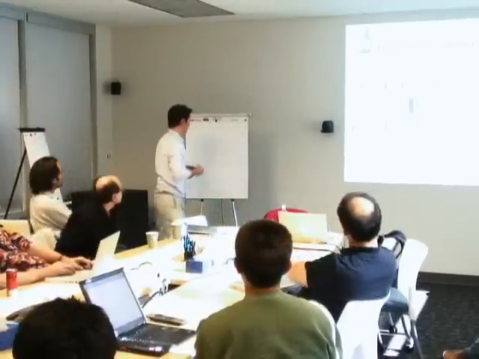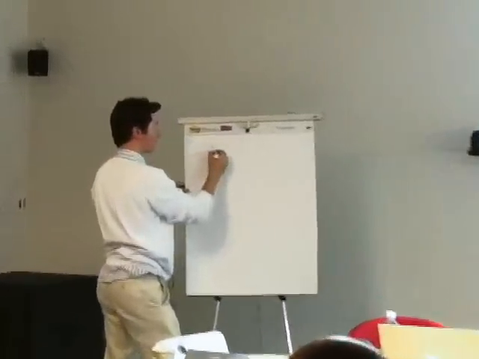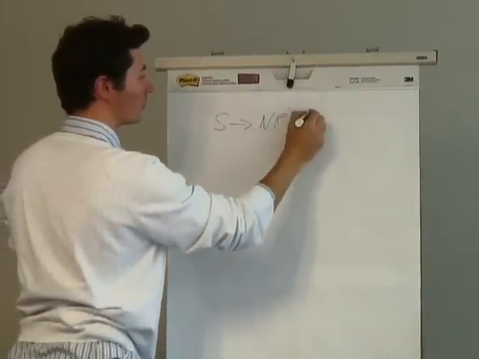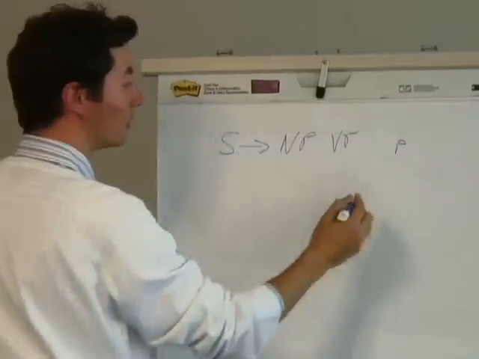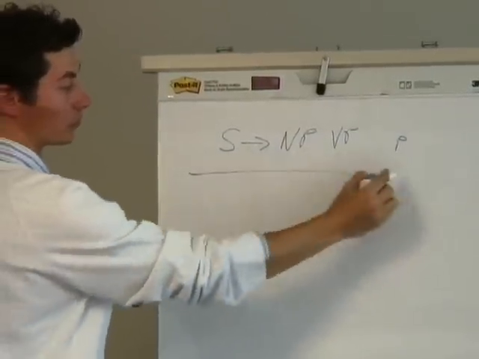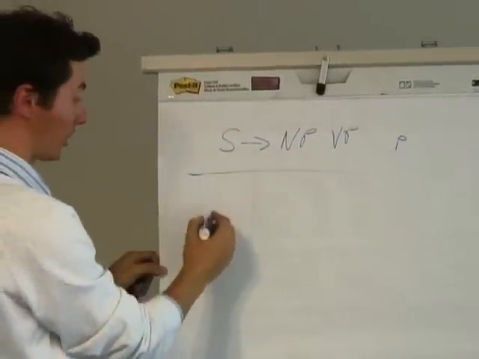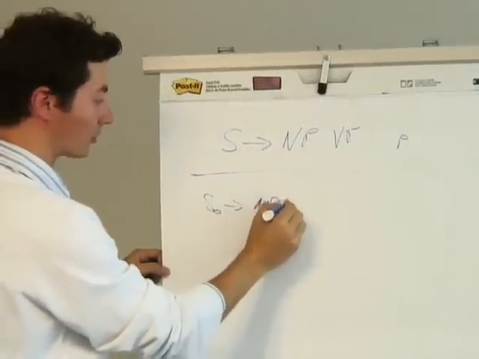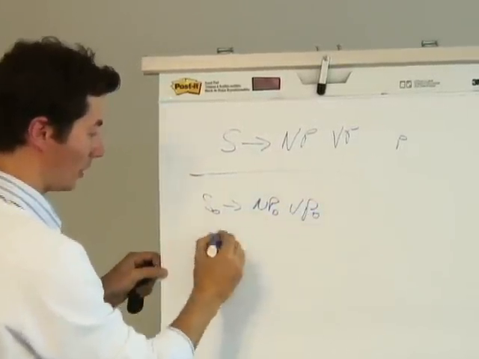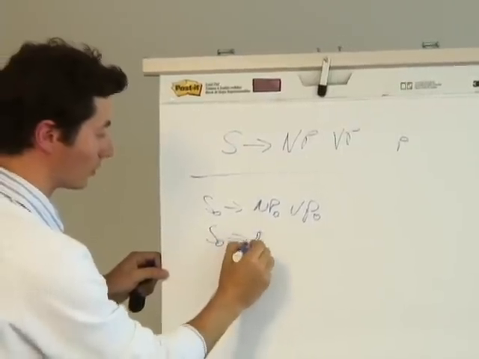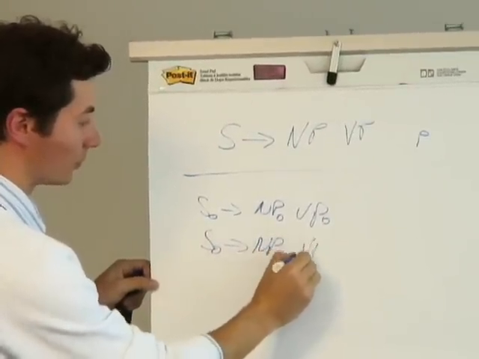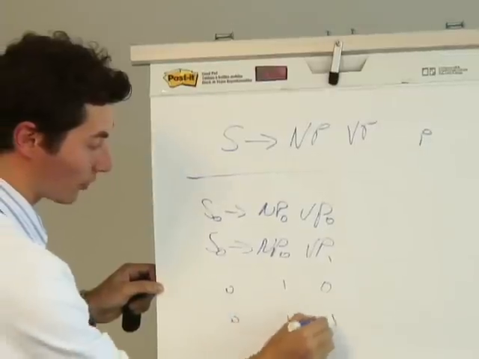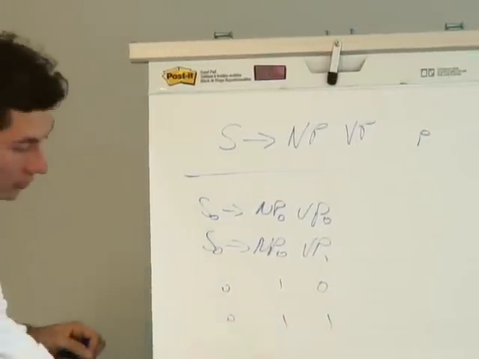When we start off with a rule S goes to NP, VP, there'll be some parameter P. This is the unsplit rule that is in the Treebank. So what we create is S0 goes to NP0, VP0, and then S0 goes to NP0, VP1, and then 1, 0, kind of all combinations, and so on.